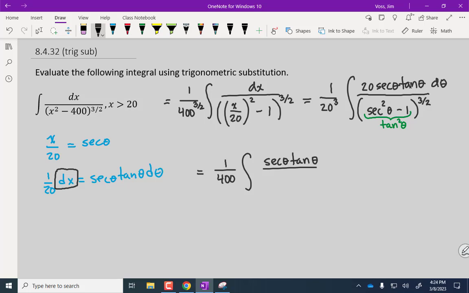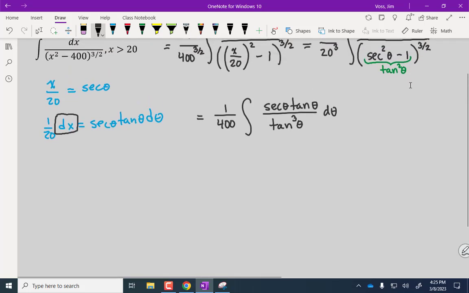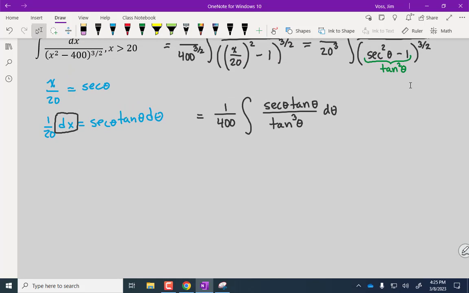So that's going to give us tangent cubed in the denominator. Marvelous. One of those tangents cancels, correct? So we're going to be left with secant over tangent squared.